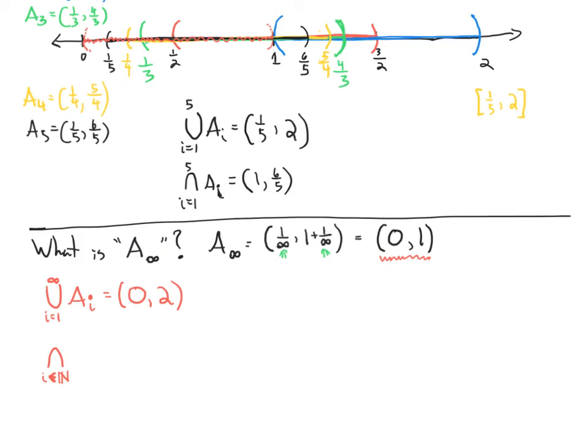Okay, so we have this infinite intersection of these AIs. Well, let's ask, what elements are in all sets? And maybe pause the video now and think about that yourself. Using this idea that we talked about here with the number line, think about if you can determine which elements are in all sets.